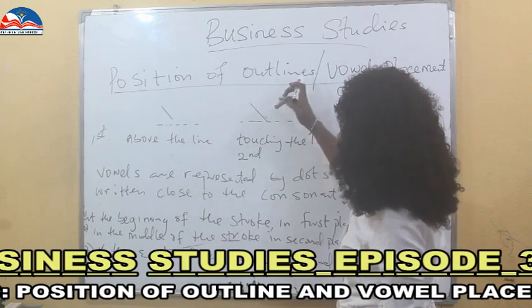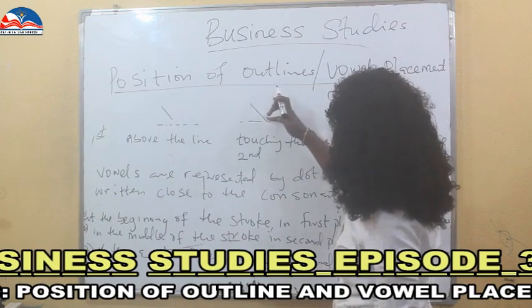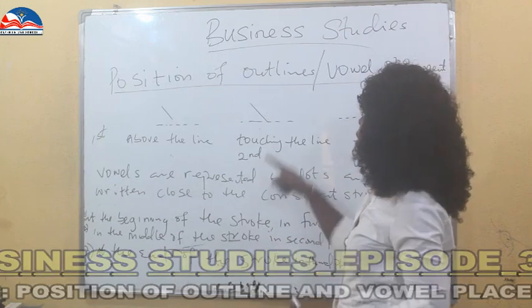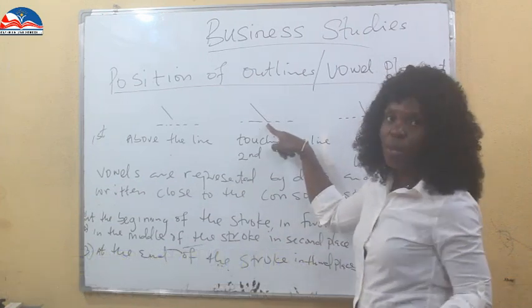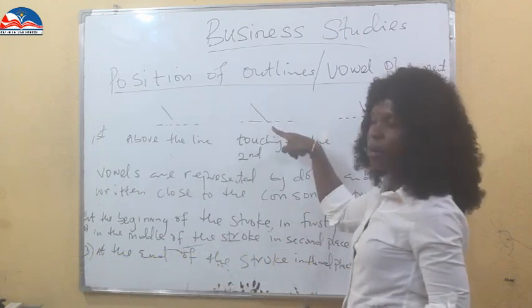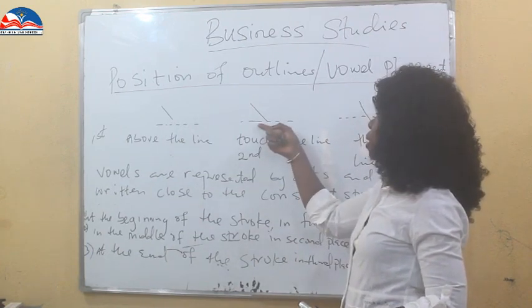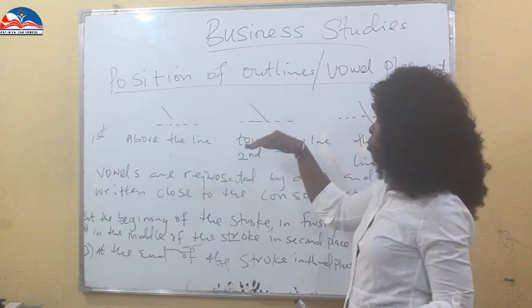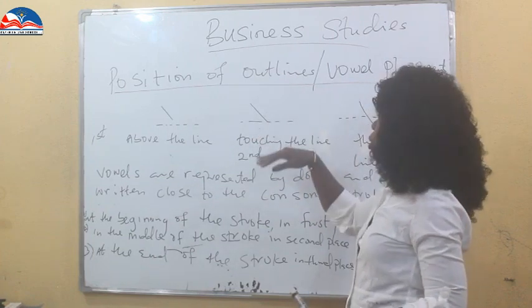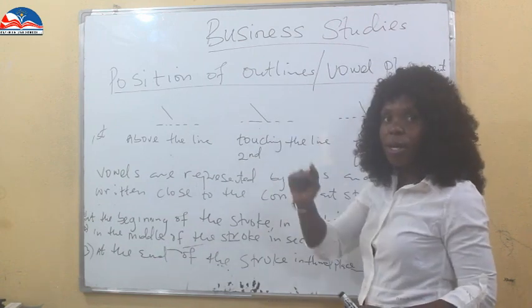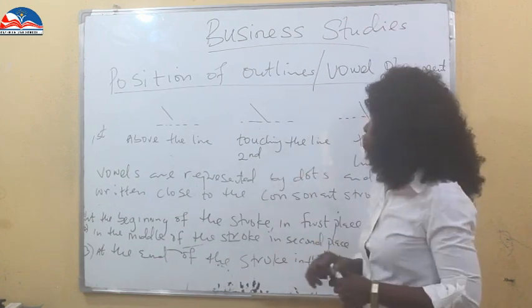So depending on where you are writing your outline from, if it is starting from the line, it starts from the point of origin, and if it is going downward, it stops at the point that it's at on the margin, the line of your book. So the dotted line is the line in your book that you will use in your manuscript.